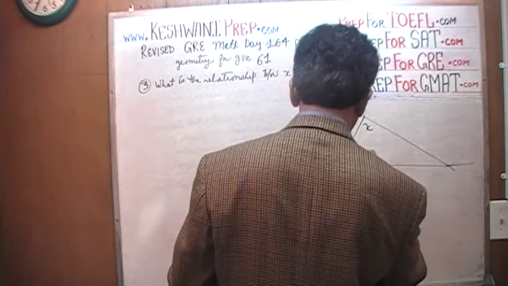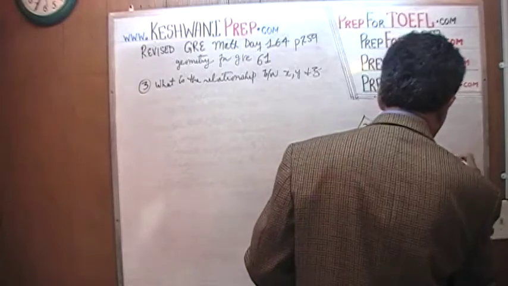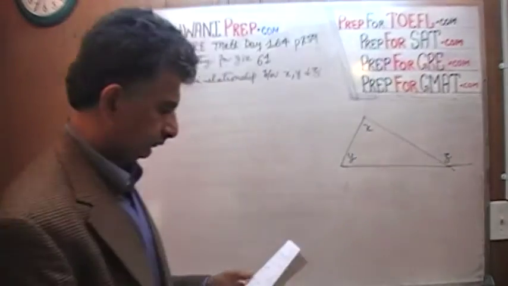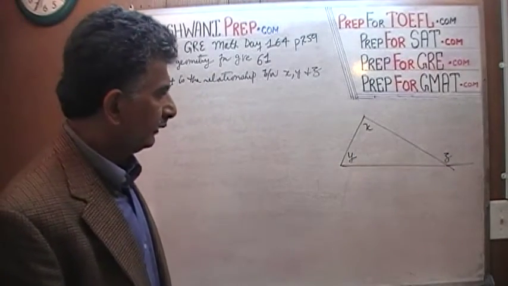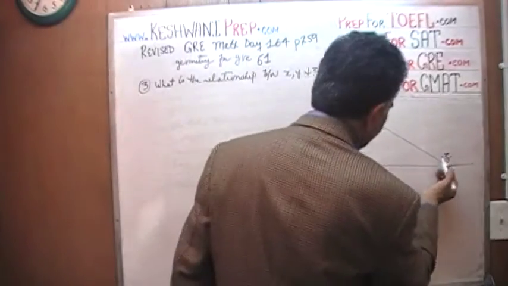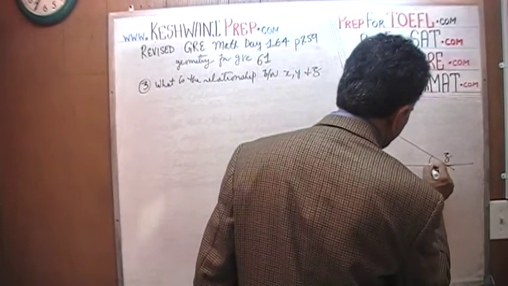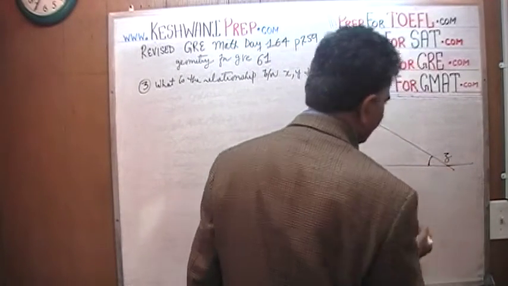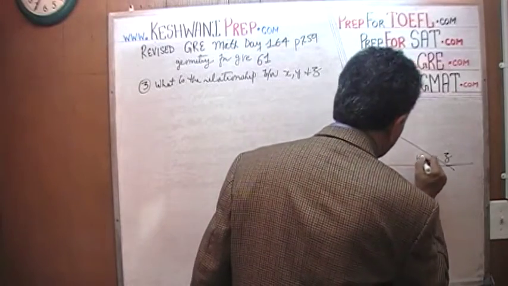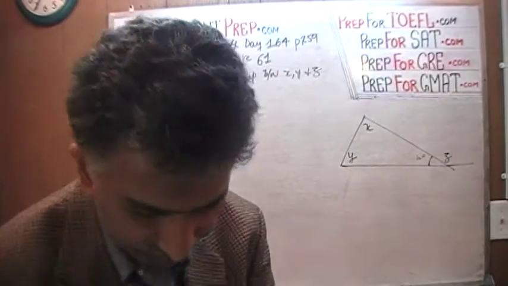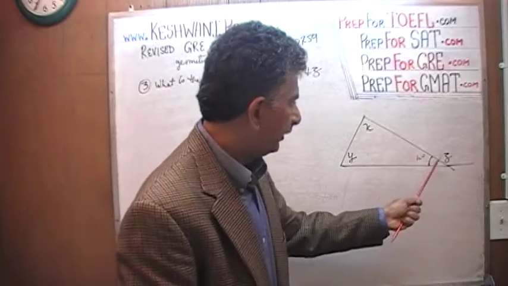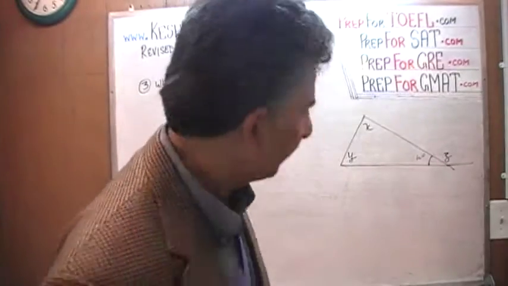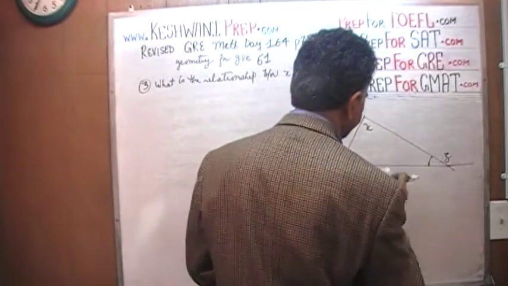X, y, and z. That's all. Well, first things first. This is z degrees. How much is this guy right here? Let's call it w. So w and z make a straight line, which means w plus z must be 180.